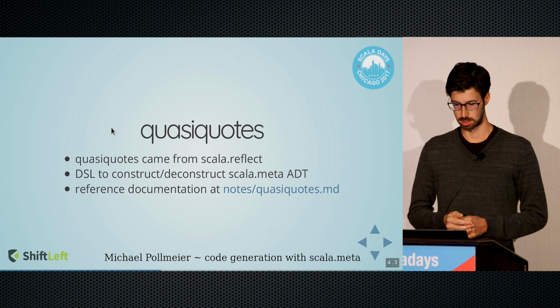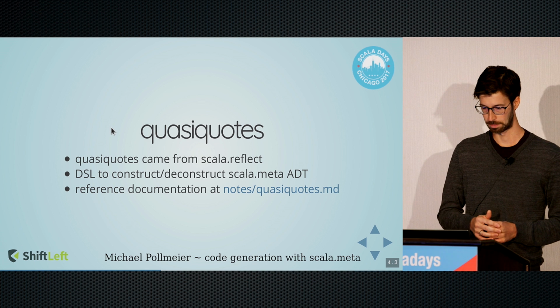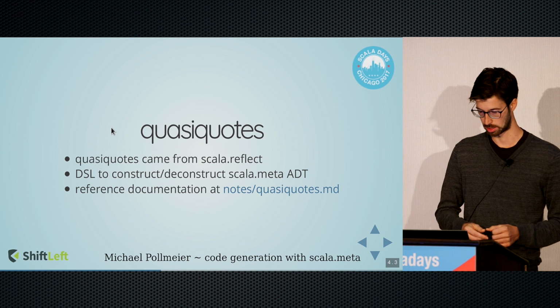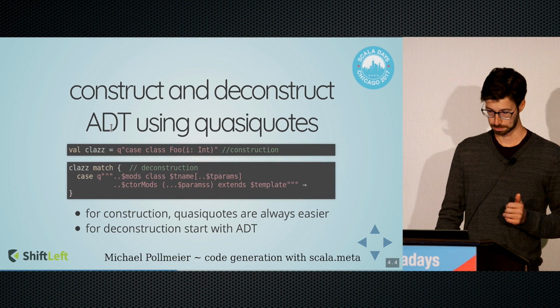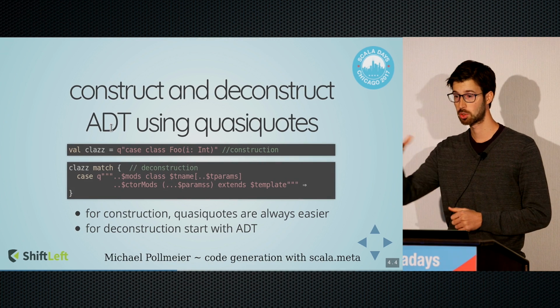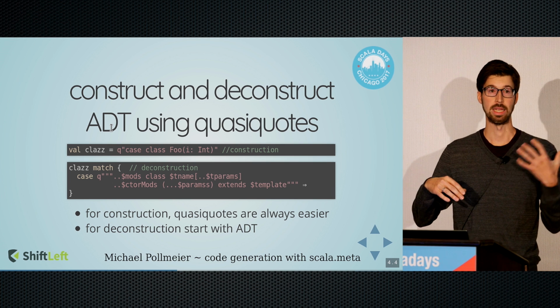There's a reference documentation that I'm not going to open right now, but I might go back to that later. And basically, what you can do with quasiquotes, one thing is you can construct and deconstruct the scalameta ADT.